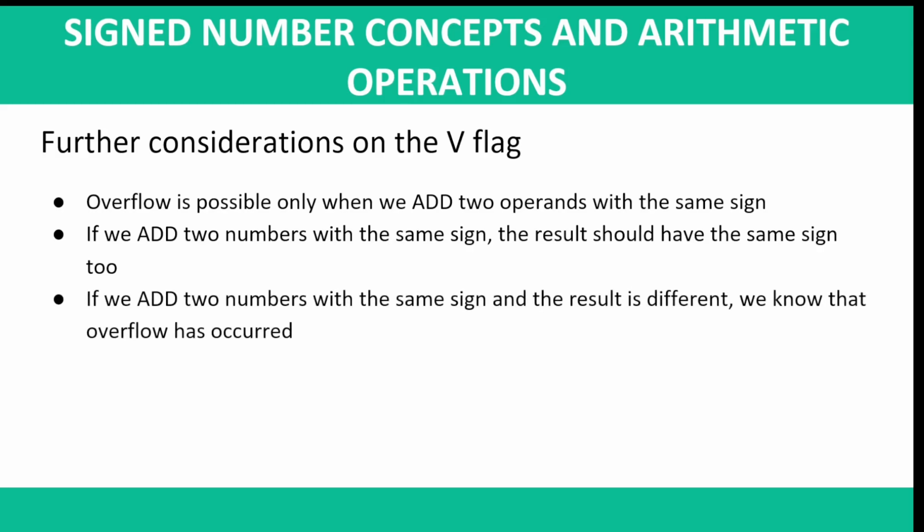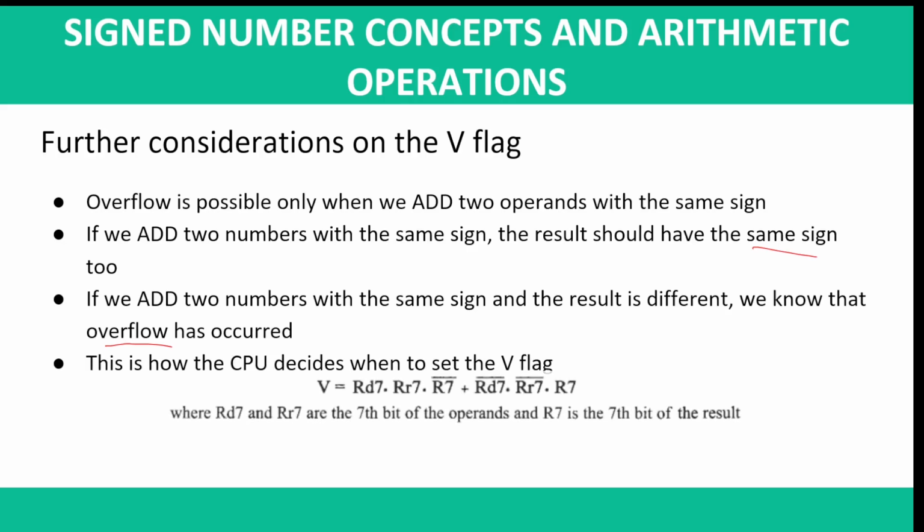And if we add two numbers with the same sign and the result is different, we know that overflow is happening. Pero kung different ang iyahang result sa katong gi-add nimo together, then we know that there is an overflow. This is how our CPU decides when to set the overflow.